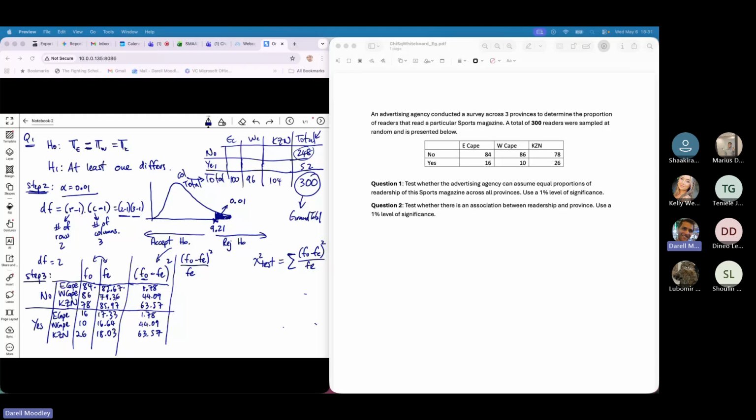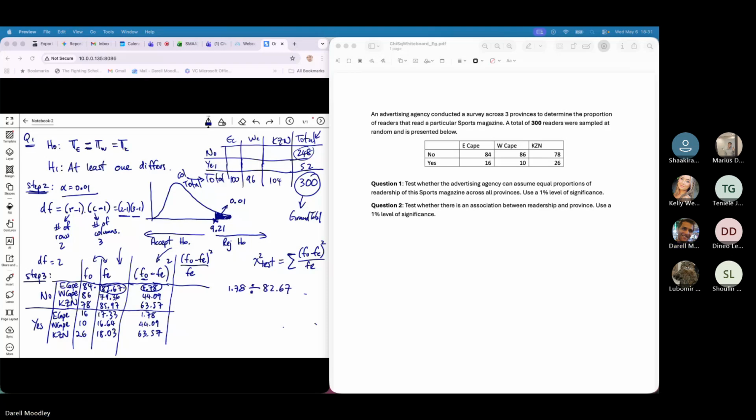Let's look at the first row. I'm going to take the value in the column before, so the 1.78, and divide it by its FE value, which is in this column here. The corresponding FE is 82.67.